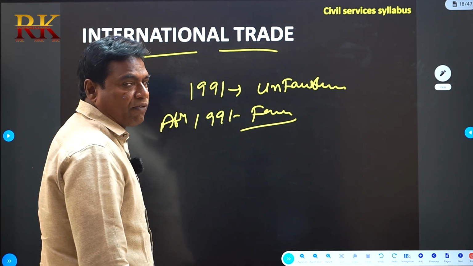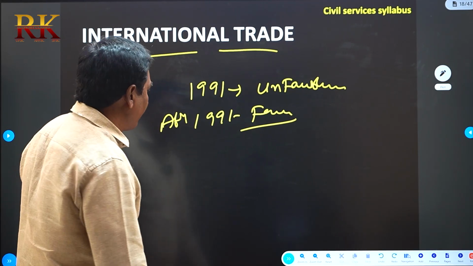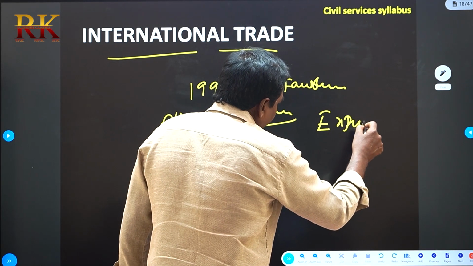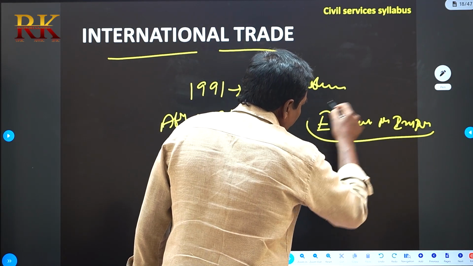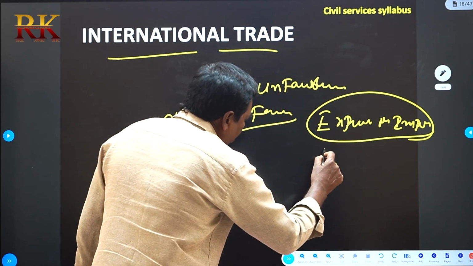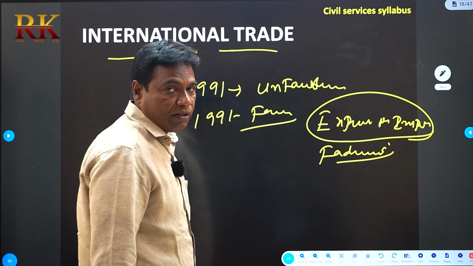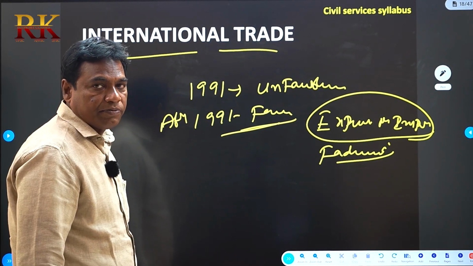How do we decide unfavorable and favorable? By which type do we decide? When exports are more than imports, it is a favorable economy. Every student should remember this. What is a favorable economy?